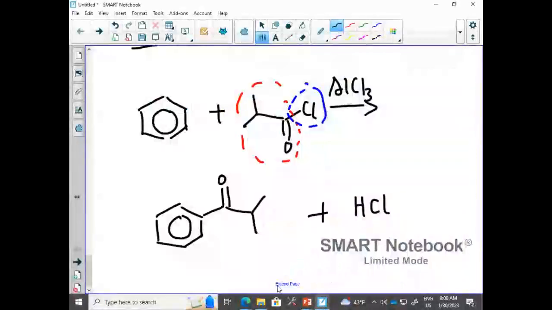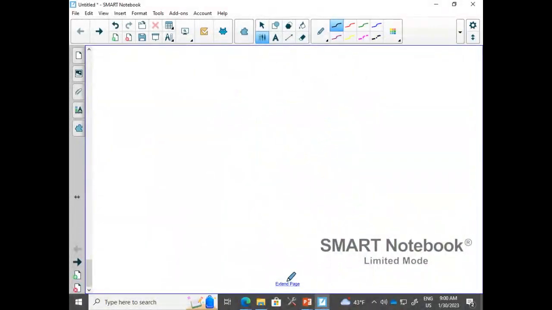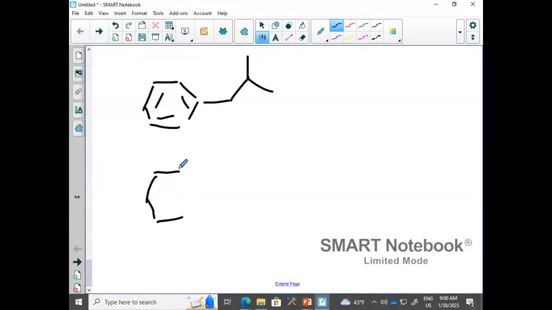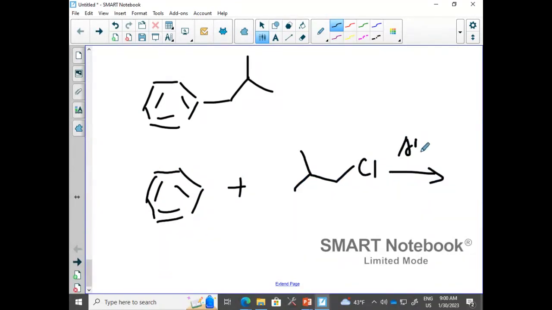And just to give you one example, you're probably going to see one in the next exam. Let's say you're asked to synthesize this compound, starting from benzene. Obviously, if you directly do this with alkylation, you would need this reagent to do the reaction.